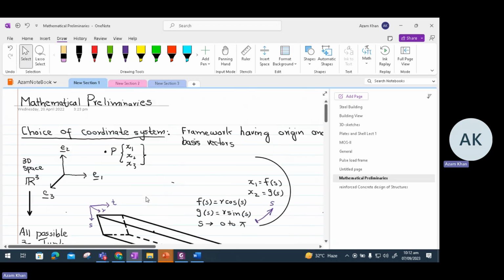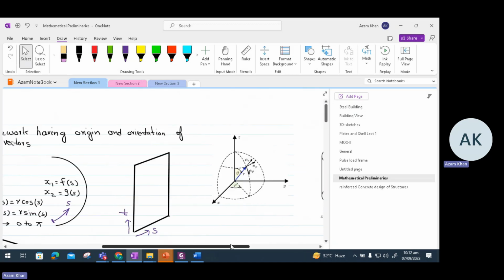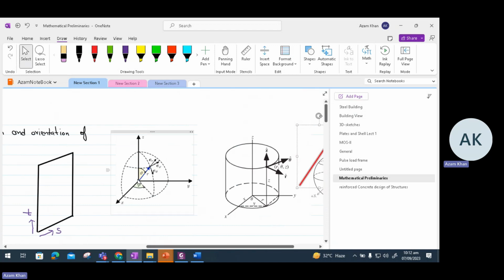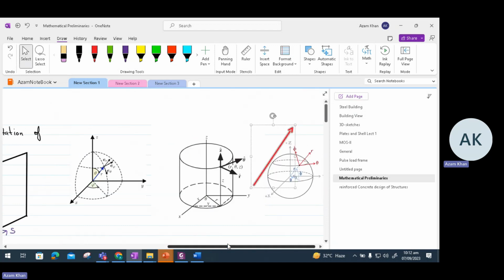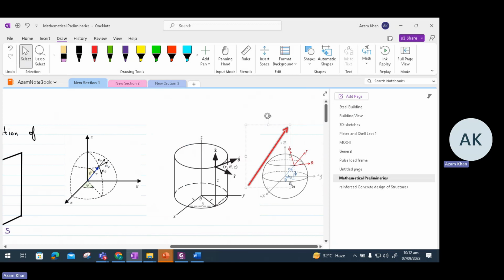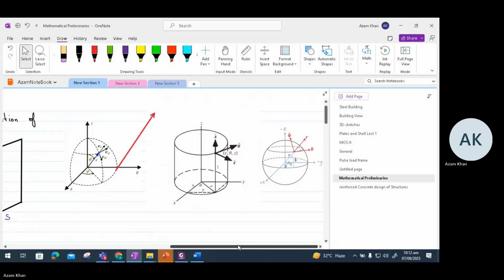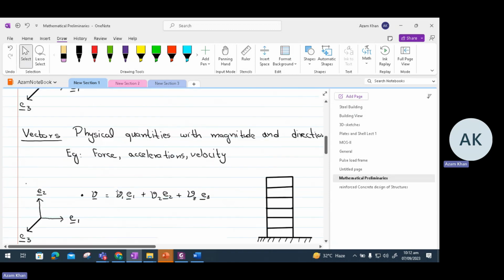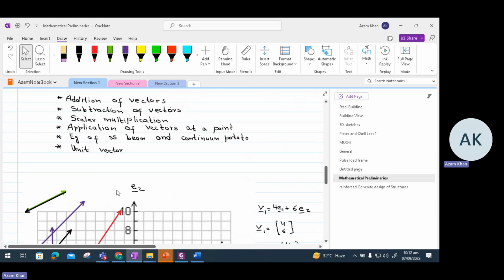The types of spaces which we discussed were polar, cylindrical, and spherical, and these are the spaces which are important in our structural engineering. There can be many other spaces, but we are not going into that. So that's where the definition of invariance comes from.